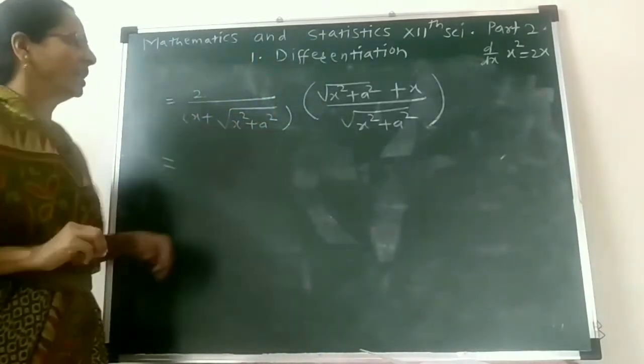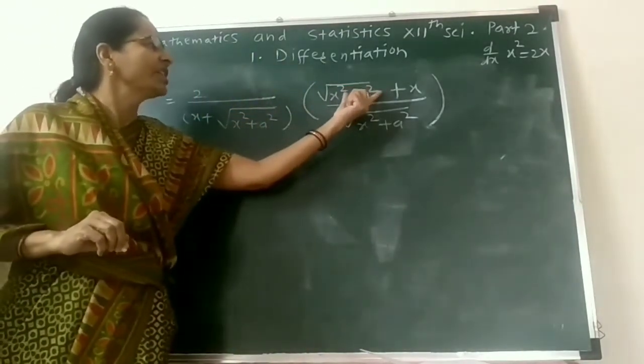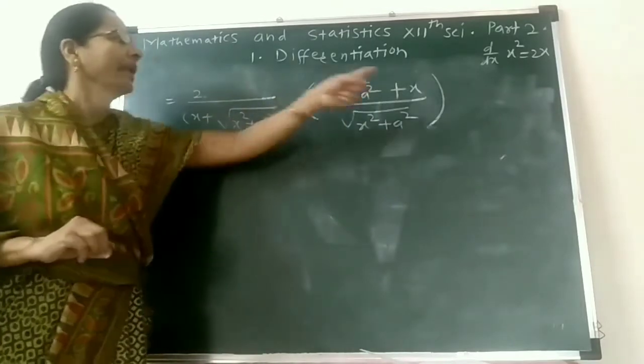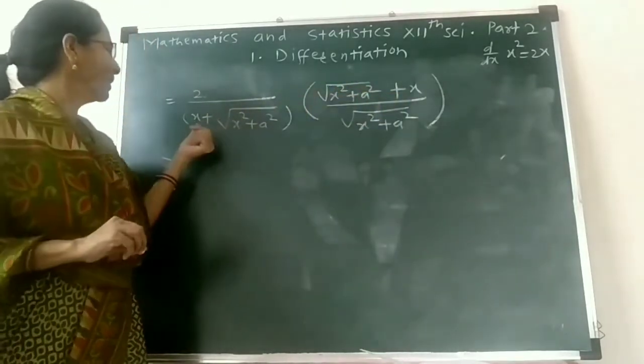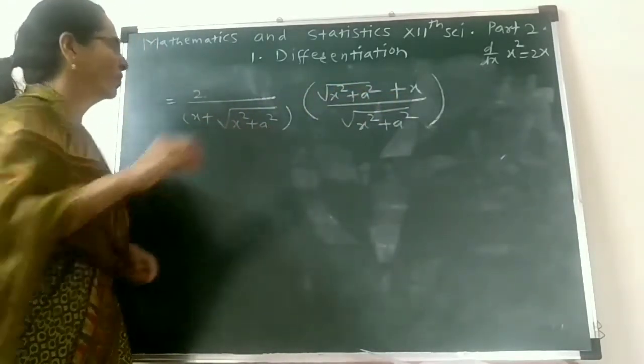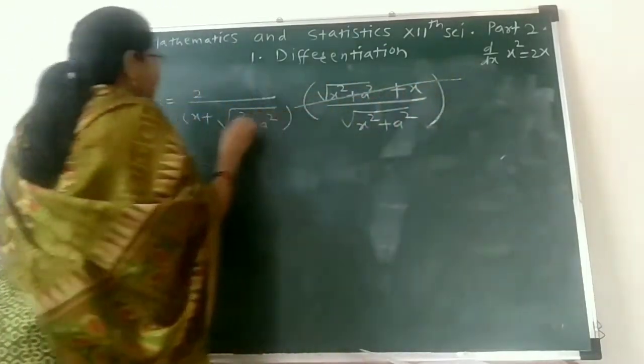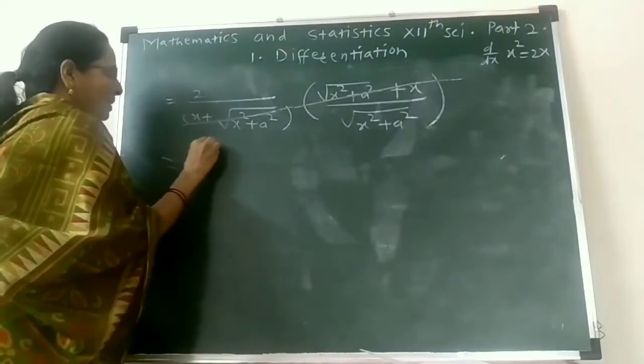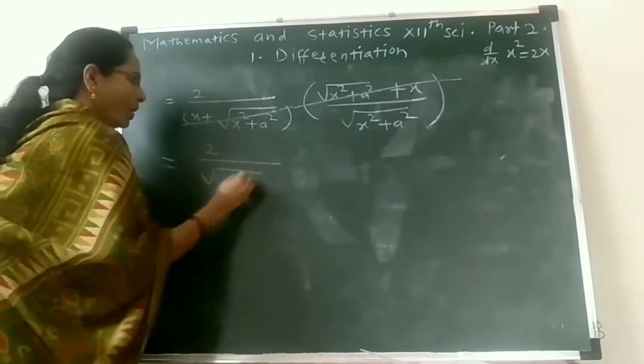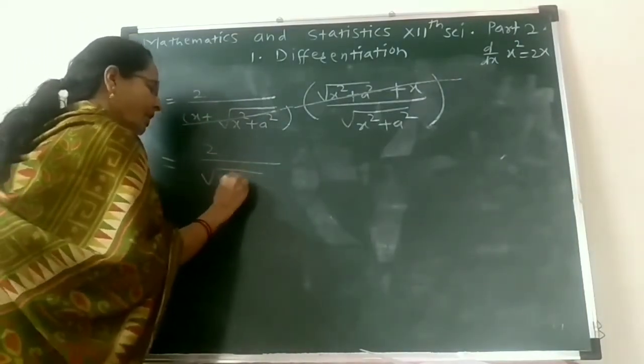If we see, this term x plus root of this term appears in the numerator and denominator, so they get cancelled. Final answer: 2 upon root x square plus a square.